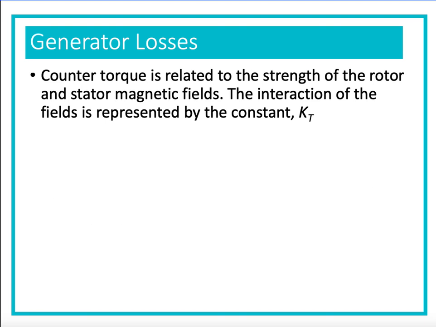The counter torque is related to how strong the rotor and magnetic fields are, and we just use a constant K sub T to describe the interaction between the two. And the counter torque is equal to the constant times the armature current. And if you know what the armature current is, you can certainly calculate what the counter torque might be.